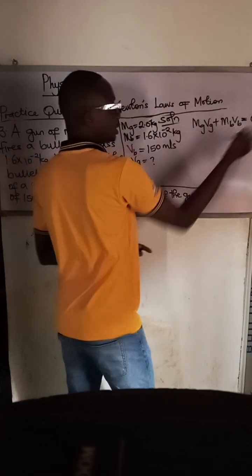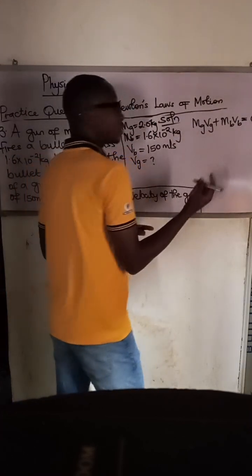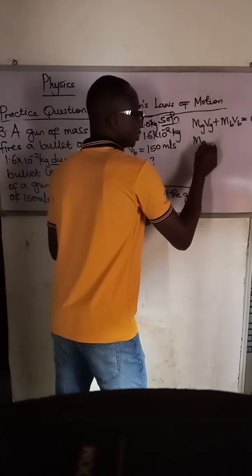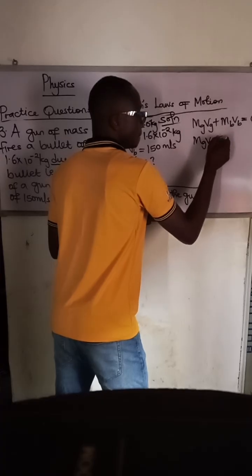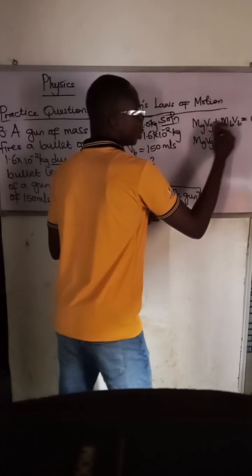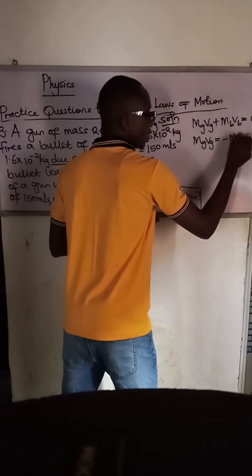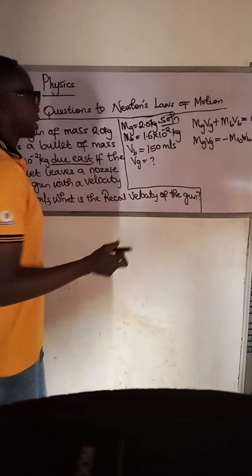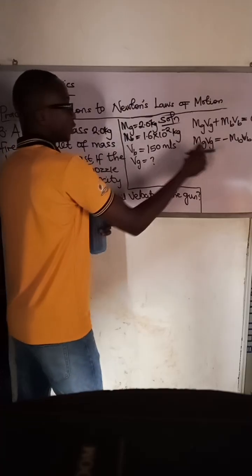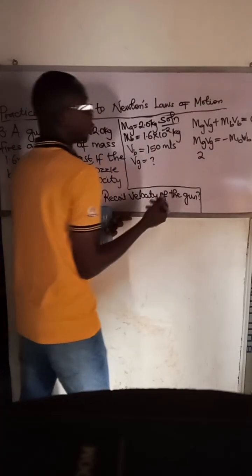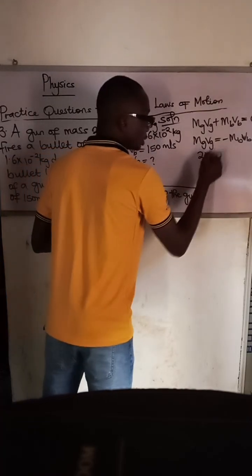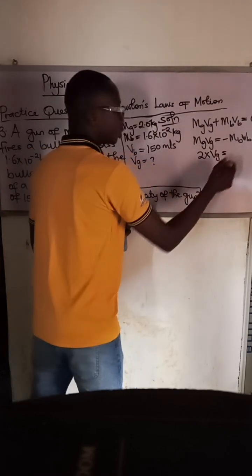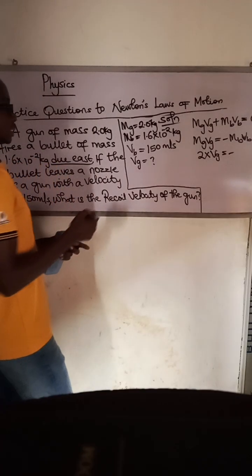Now, because action and reaction are equal but opposite, we have mg vg is equal to, this is crossing over, minus mb vb. Mg, the mass of the gun, is 2.0, or we can just say 2 kg, times the velocity of the gun, that's what we have to calculate, is equal to minus, what is the mass of the bullet?